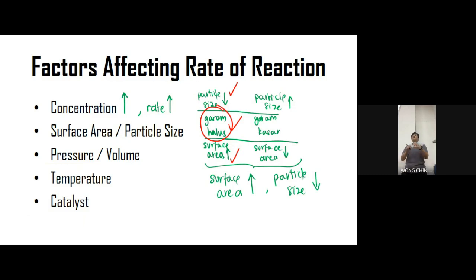The more contact surface area, the more fine salt can be in contact with the water. So, it will dissolve faster. Agree? Okay.